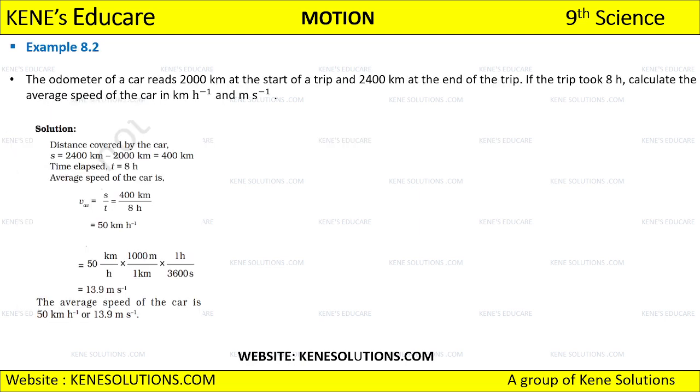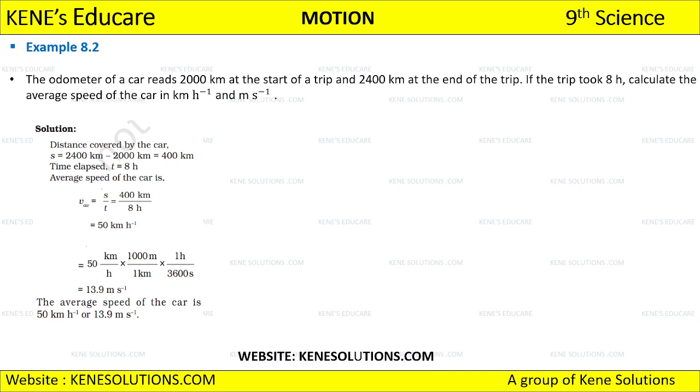After this, we have this example 8.2 to discuss. So see, the odometer of a car reached 2000 kilometer at the start of a trip and 2400 kilometer at the end of the trip. Okay, so if the trip took 8 hours, calculate the average speed of the car in kilometers per hour and meter per second.